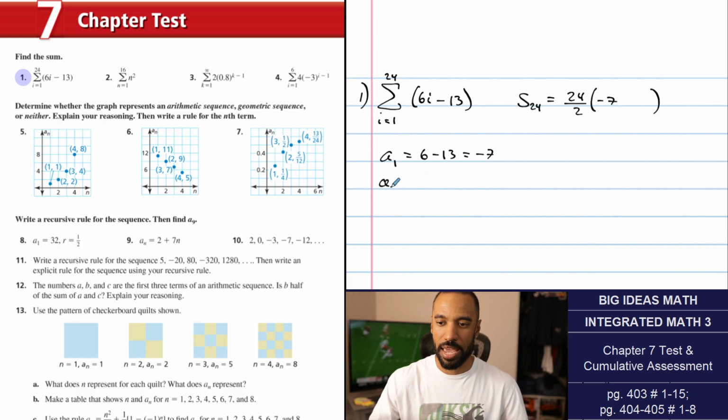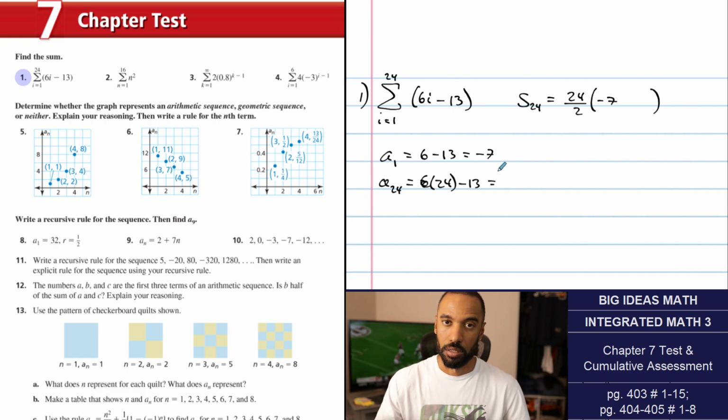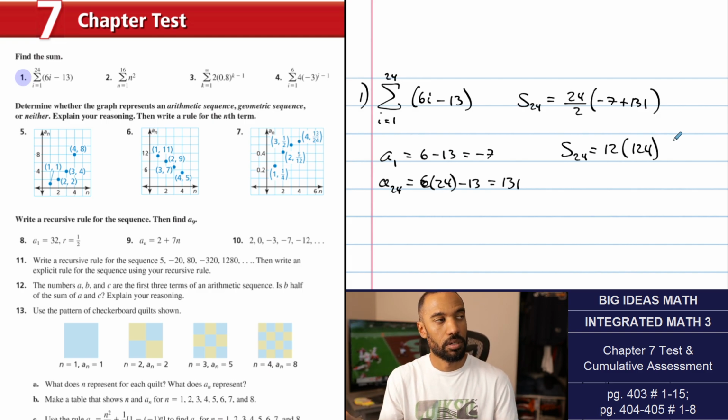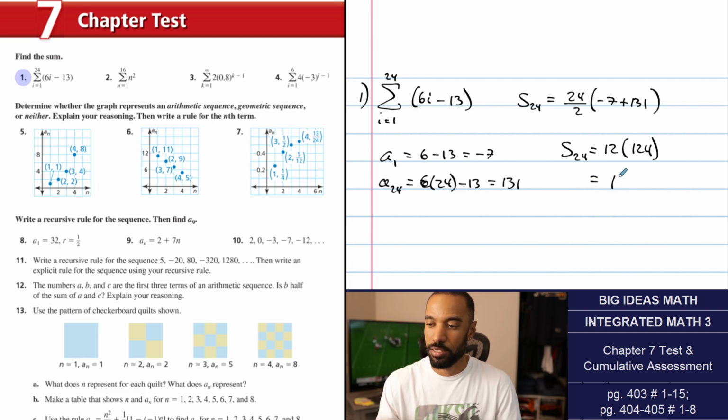And the last term, a sub 24, would be 6 times 24 minus 13, which is 131. I've got to get the calculator out pretty quickly here. So this is going to be 12 times 124, which is 1488. That would be the sum.